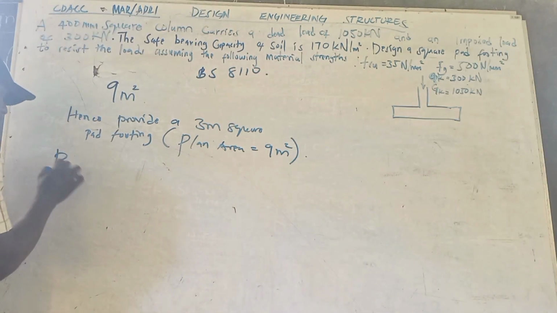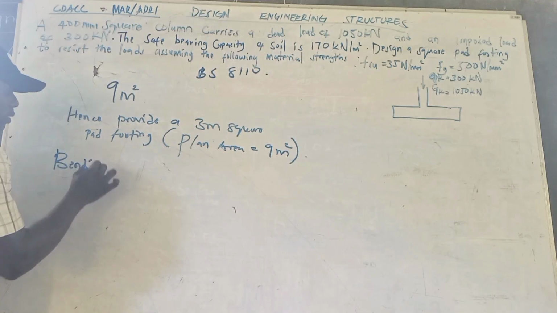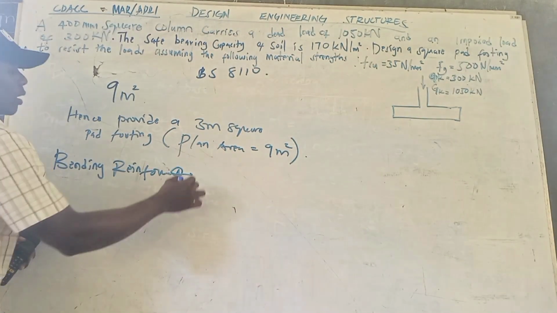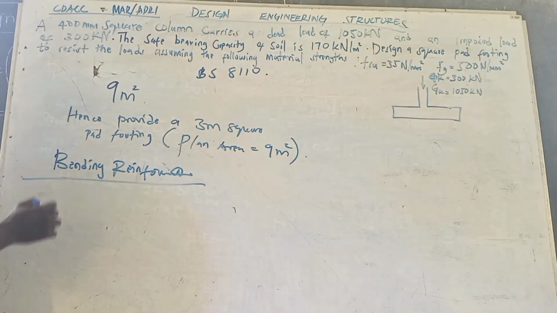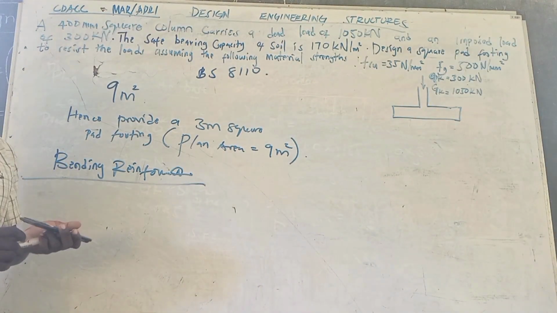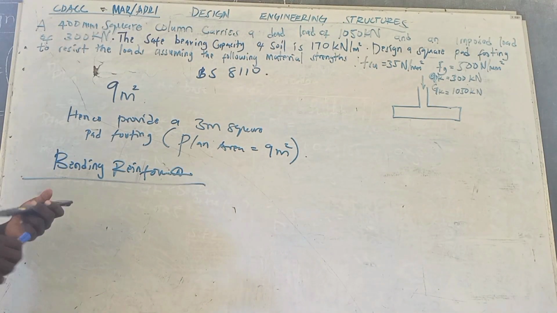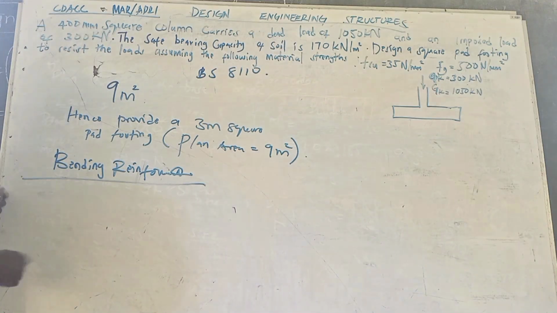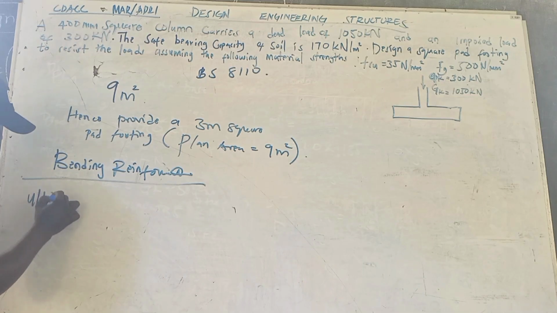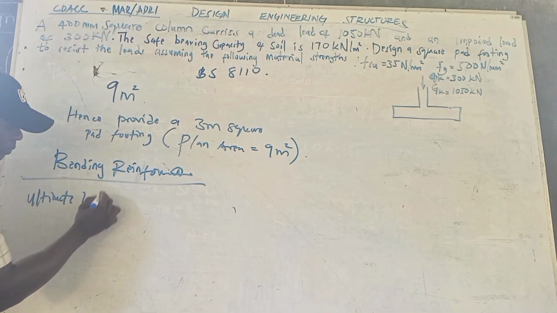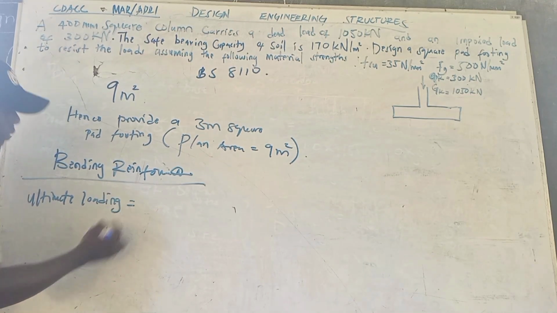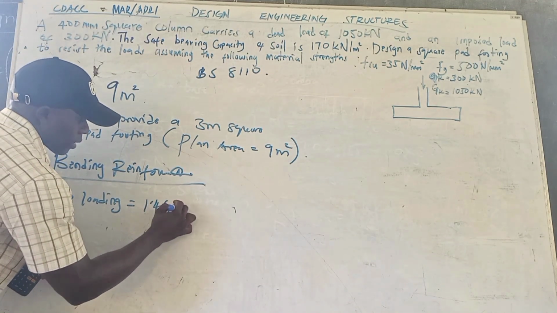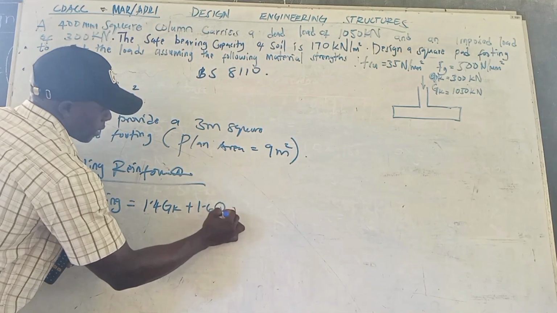The bending reinforcement for the footing. How are we going to achieve this? We need the ultimate loading first. And the ultimate loading in this case, to BS 8110, we're going to use 1.4 GK plus 1.6 QK.